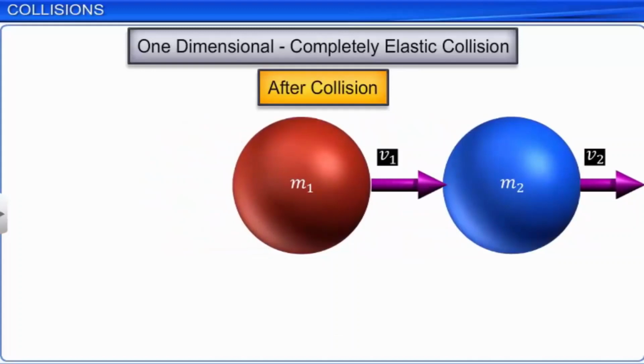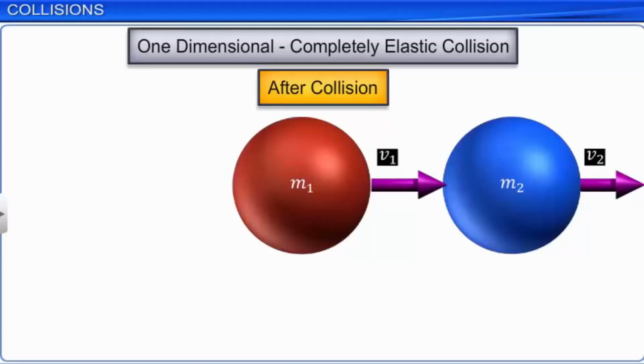Let the collision between the two bodies be elastic, which implies that it is a completely elastic collision. Let the velocity of m1 be v1 and that of m2 be v2, just after the elastic collision.